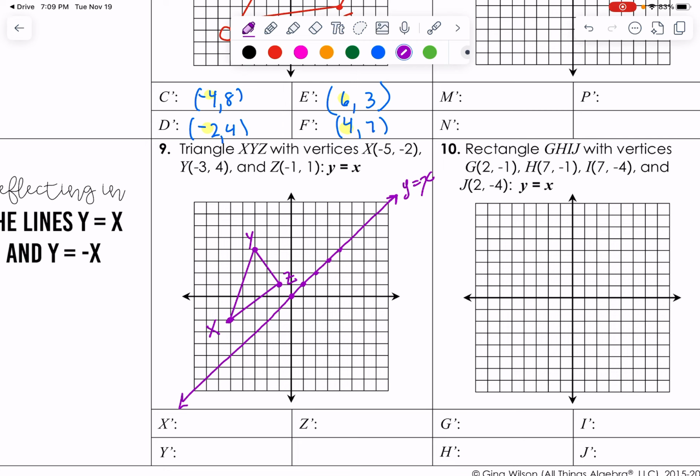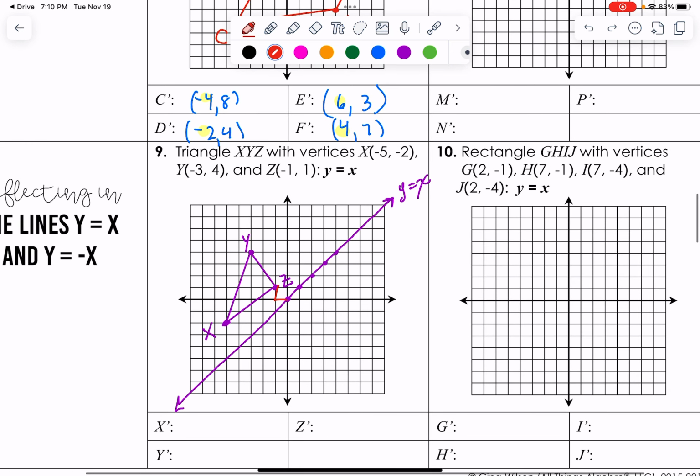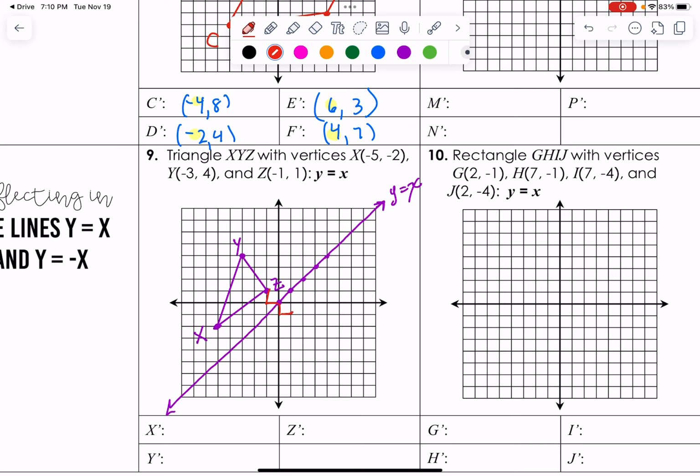So x is, notice that we go down 1, right 1. So then from there, I'm going to go down 1, right 1. Then down 1, right 1 again.